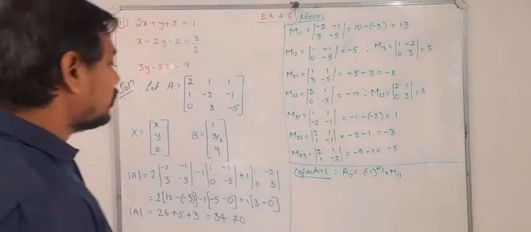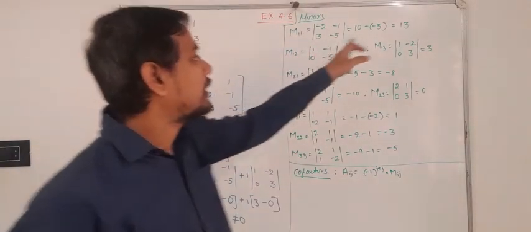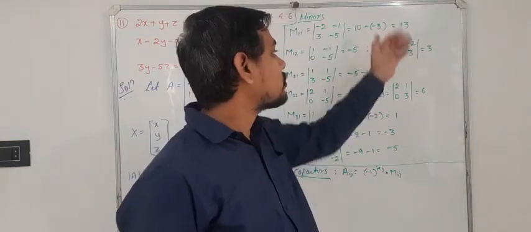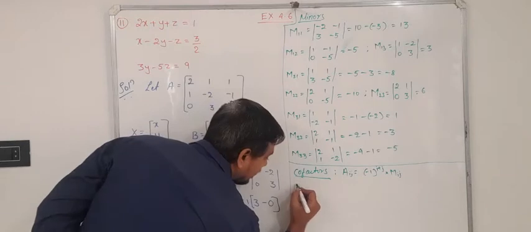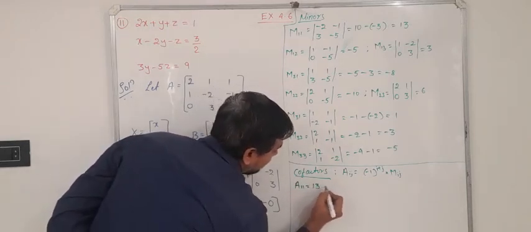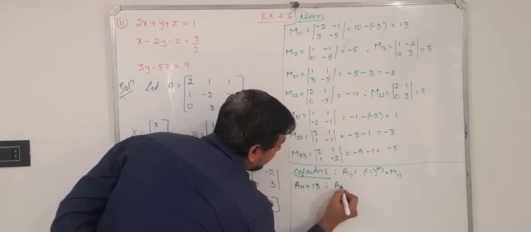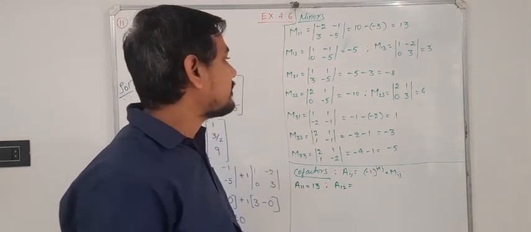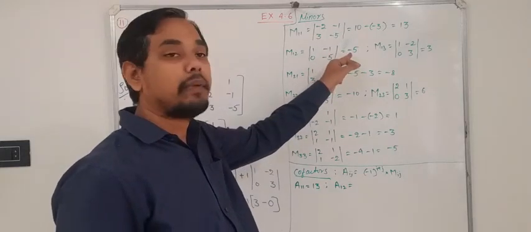Right? So for M11, 1 plus 1, i plus j is what? 2, which is even. So A11 will be 13 itself. Okay, A12, 1 plus 2 is 3, which is odd. So this will be negative of this.